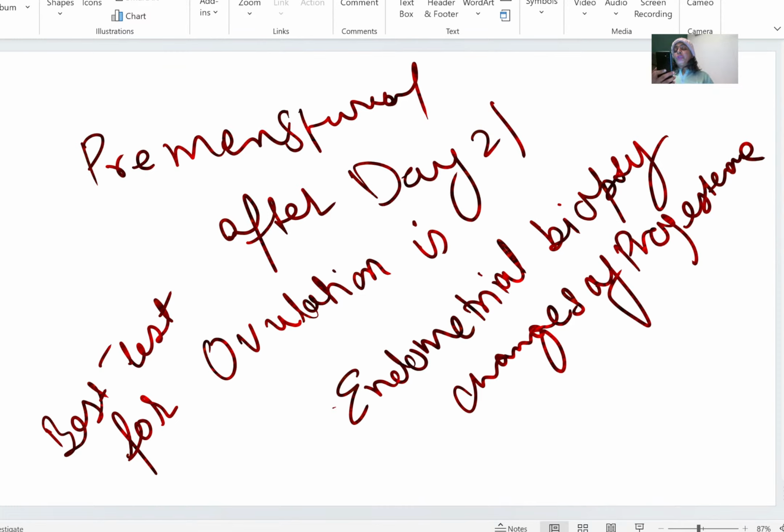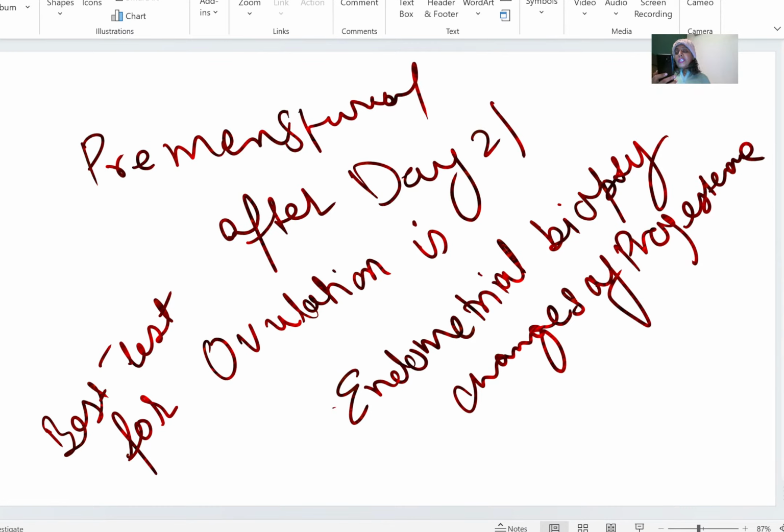We usually do it in infertility patients, but we cannot check the progesterone effect or ovulation effect in the post-menstrual phase.